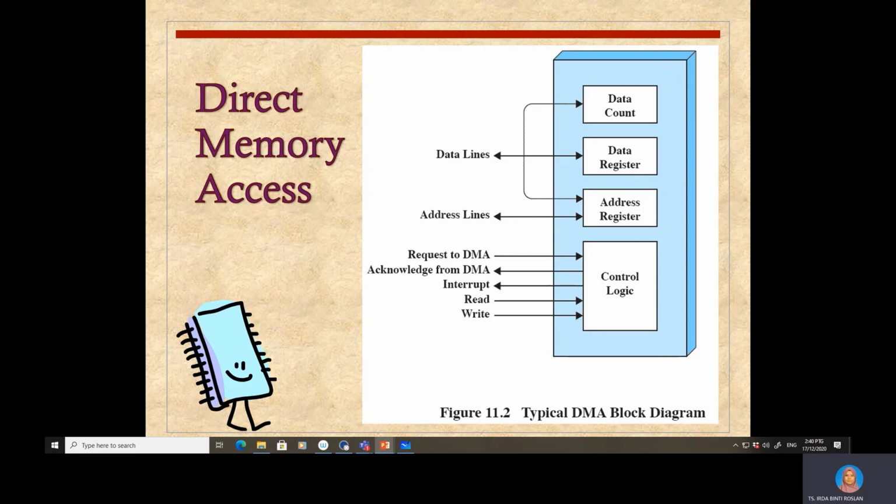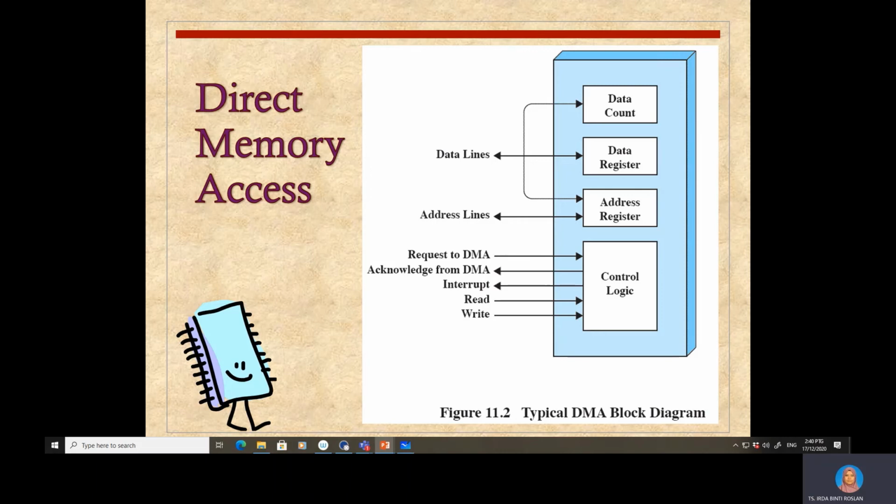When the transfer of data is completed, the DMA module sends an interrupt signal to the processor, mentioning that it has finished. So we know that the processor is involved only at the beginning and the end of the transfer. It is not involved in between.